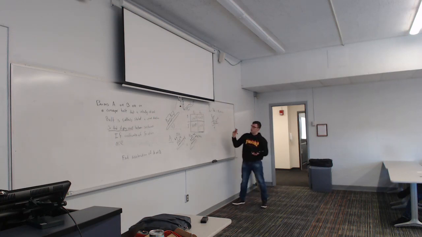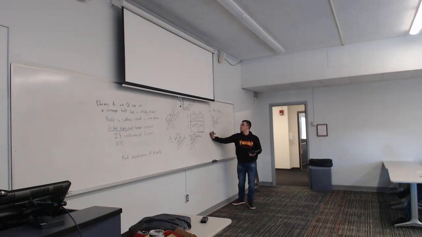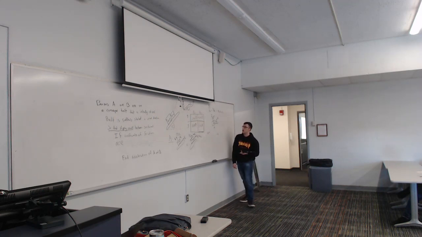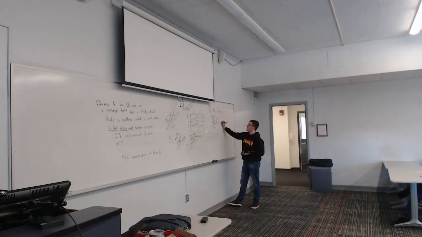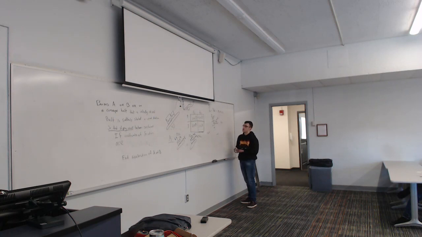Looking at this now, this arrow right here is the negative EX direction, and this is negative EY. So I can see that the weight of A is acting in both negative EX and negative EY. Then I need to use trigonometry to find out what the components are.